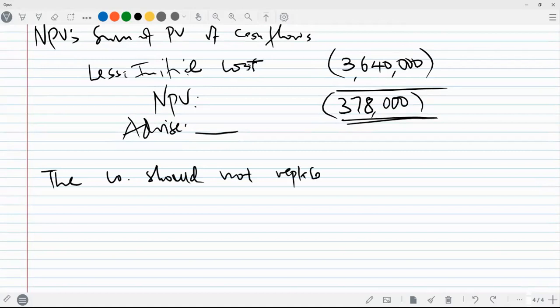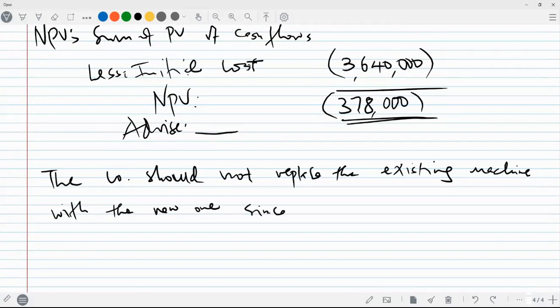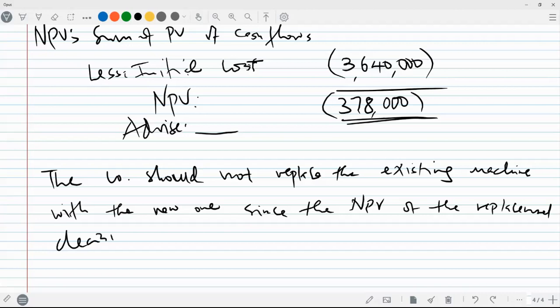replace the existing machine with a new one, since the net present value of the replacement decision is negative, or you can even mention it, negative 378,000 Kenyan shillings.